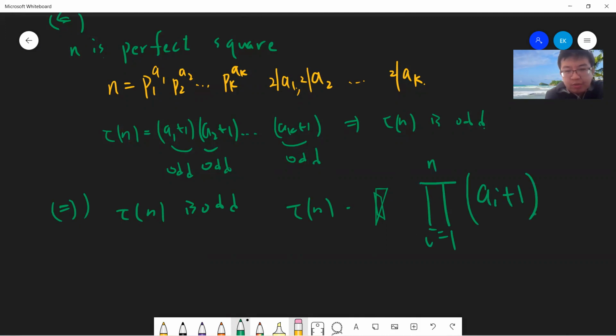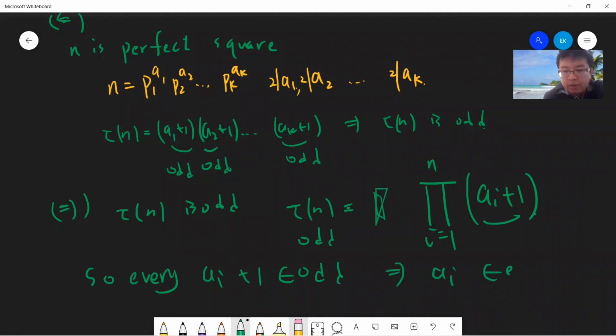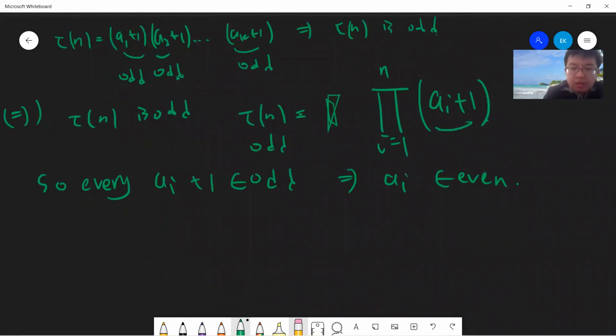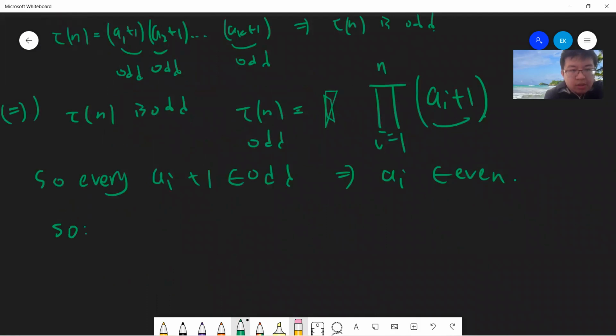So if tau of n is odd, that means every ai plus 1 is odd, which means each ai is even. So now your n is p1^a1 times p2^a2 and so on, and all these exponents are even, right? So you can take the factor of 2 out. So basically this is the trivial proof, right? So n is a perfect square.